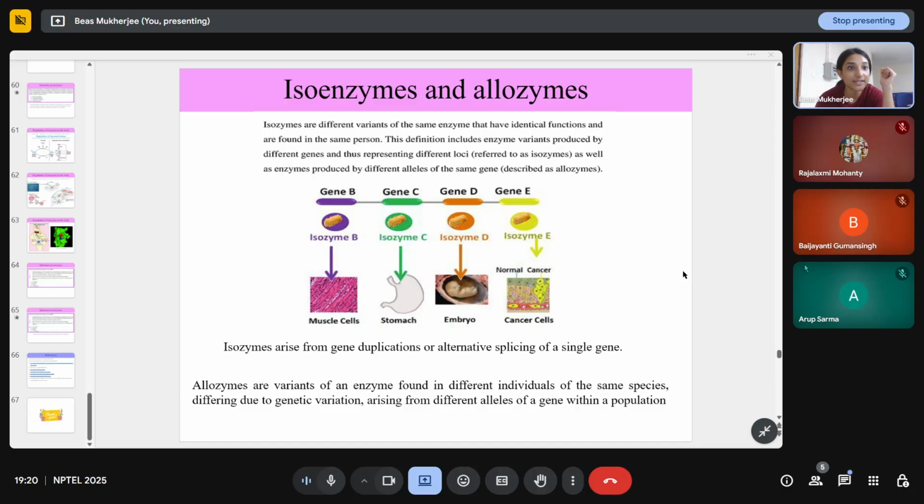That is why they are there in the same locus, but they are different genes now. That is because of gene duplication, or it can be alternative splicing of the gene. Now, alloenzymes are variants of the enzymes found in different individuals of the same species, right? So, due to genetic variation arising from different alleles of the same gene within a population.